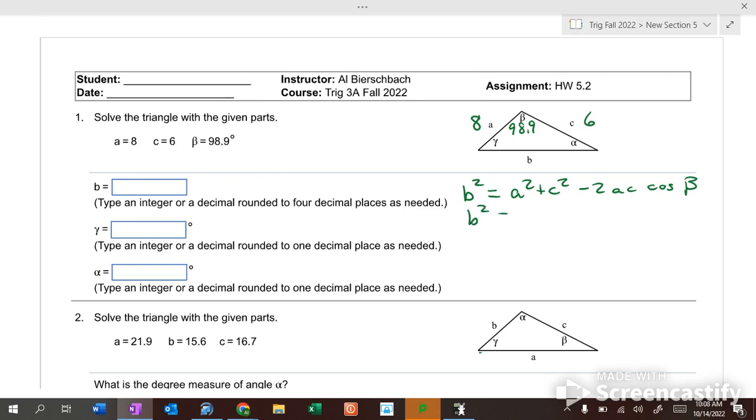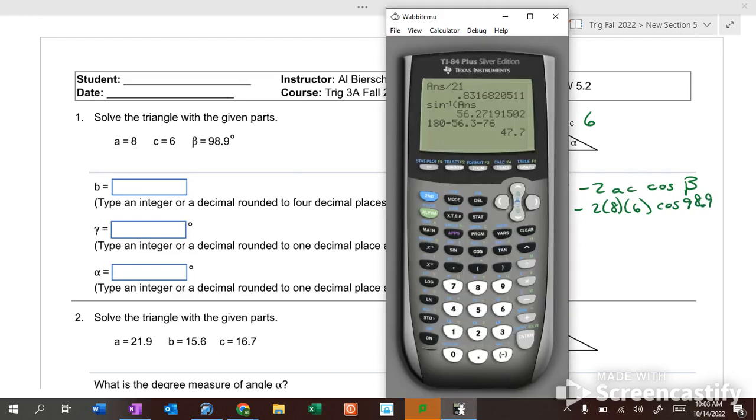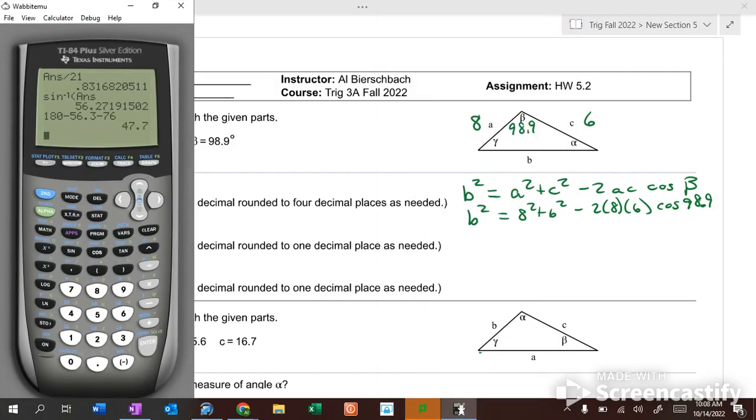So b squared equals 8 squared plus 6 squared minus 2 times 8 times 6 cosine of 98.9.